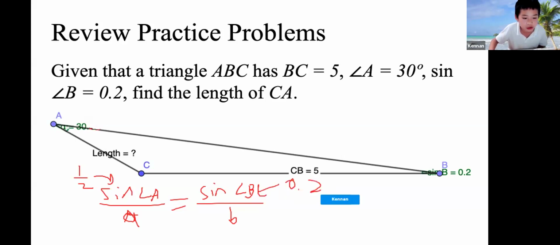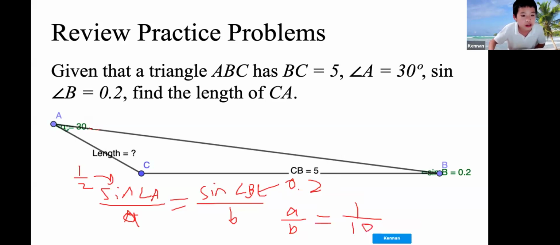So we know a over b equals 1/10. So we know a equals 5. Since we know a equals 5, we want to find the length of CA.